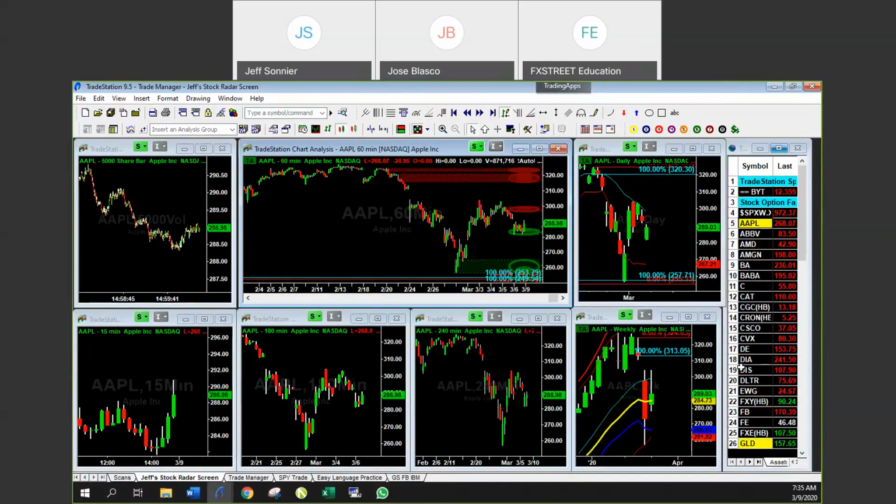So when you're making a play for a stock, you should have your entry point, you should have your stop, and you should have your target in mind. When you get into a trade, the psychology of the trade changes.